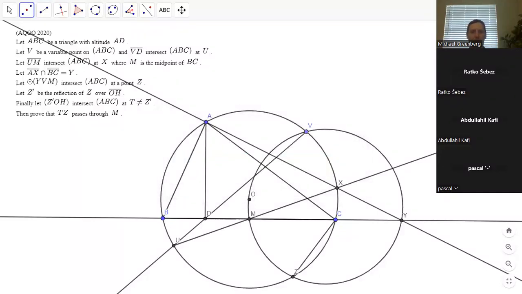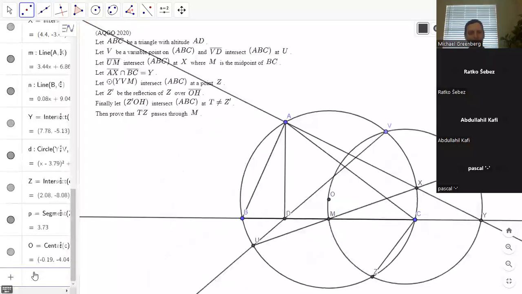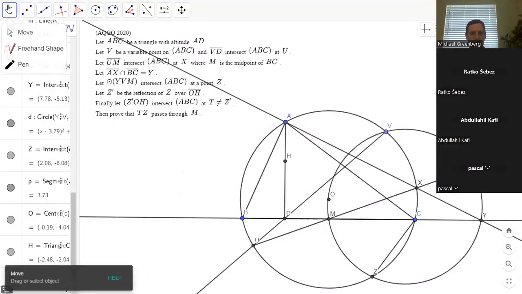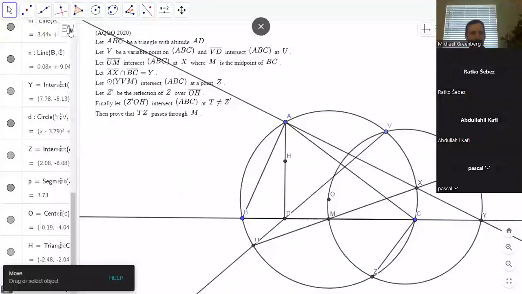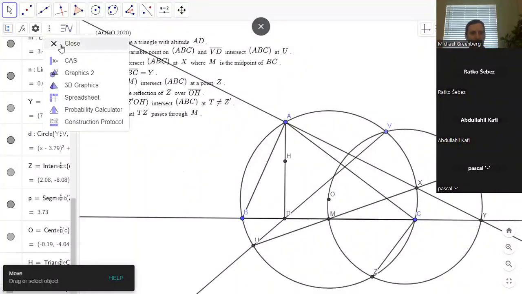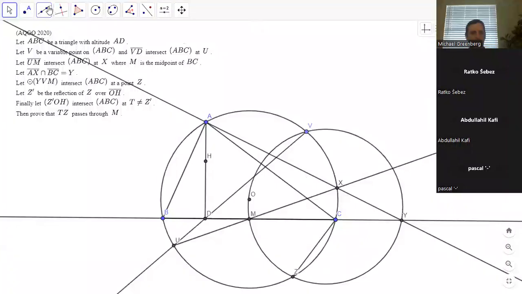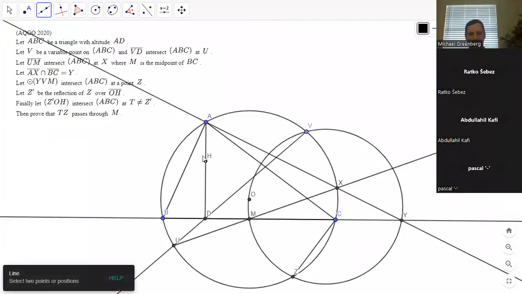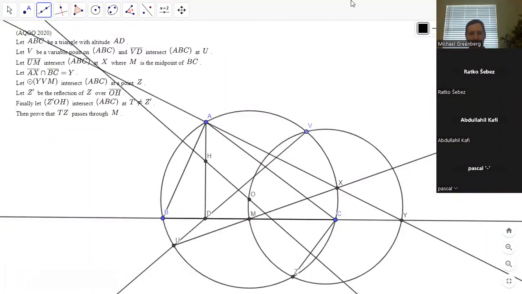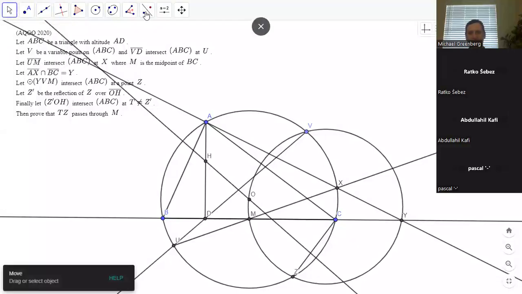I'm guessing H is the orthocenter. That's the orthocenter. We reflect Z over OH. That looks so silly.